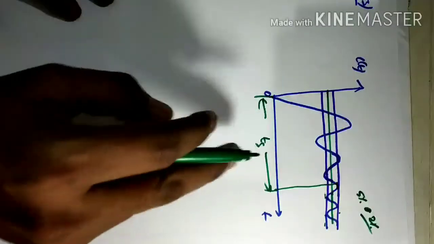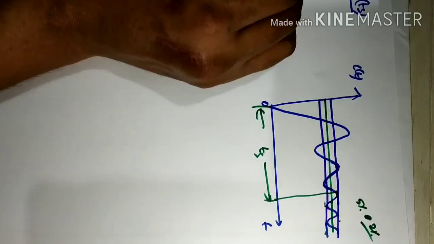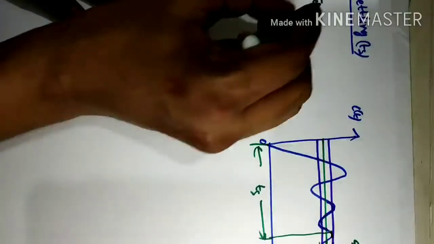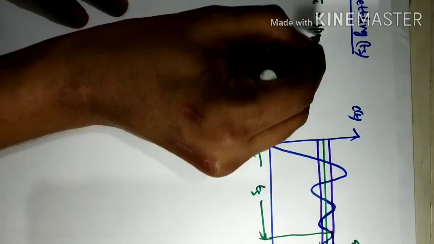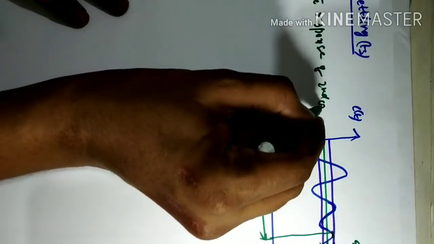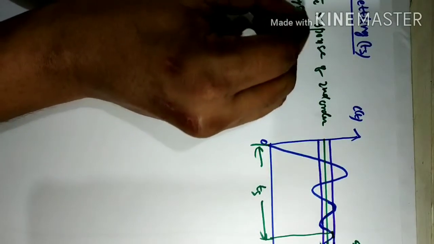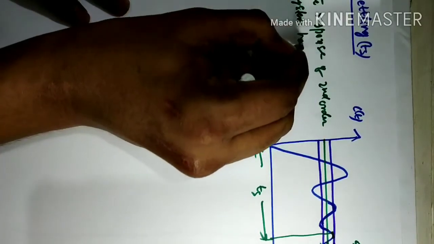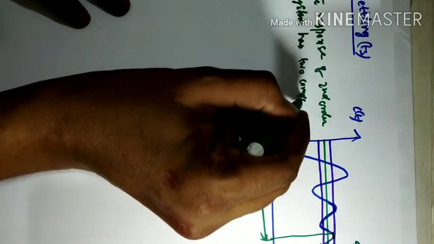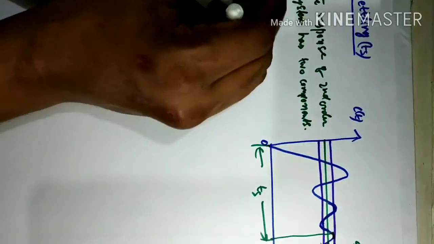So we are going to derive the expression for the settling time. The response of a second order system has two components. What is the first one?